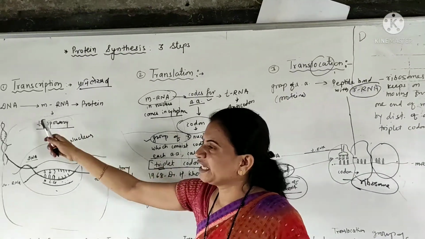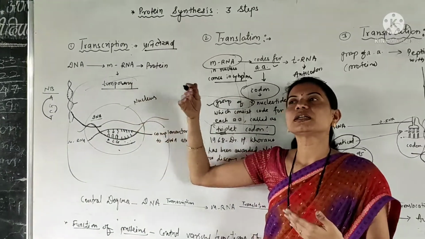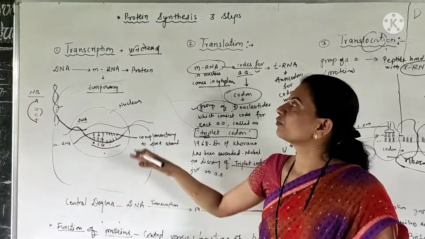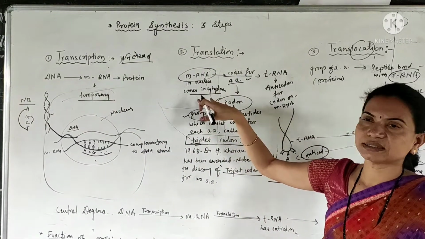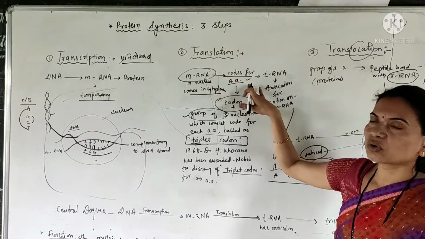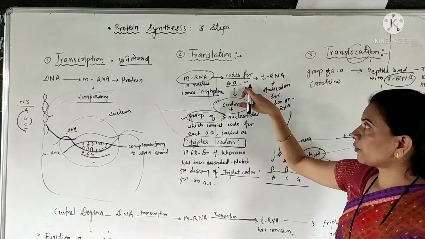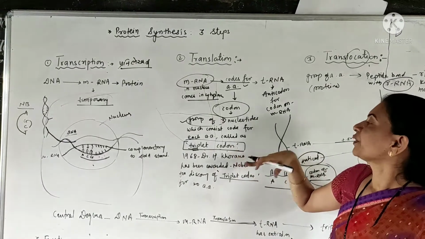So from DNA, different information is carried with the help of mRNA. Then, what happened? In the cytoplasm, mRNA carries codes for amino acids. These codes are known as triplet codons.